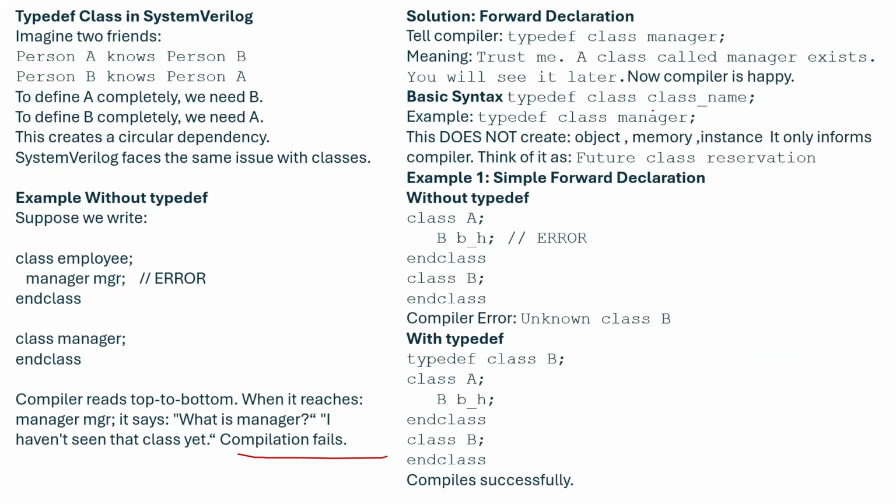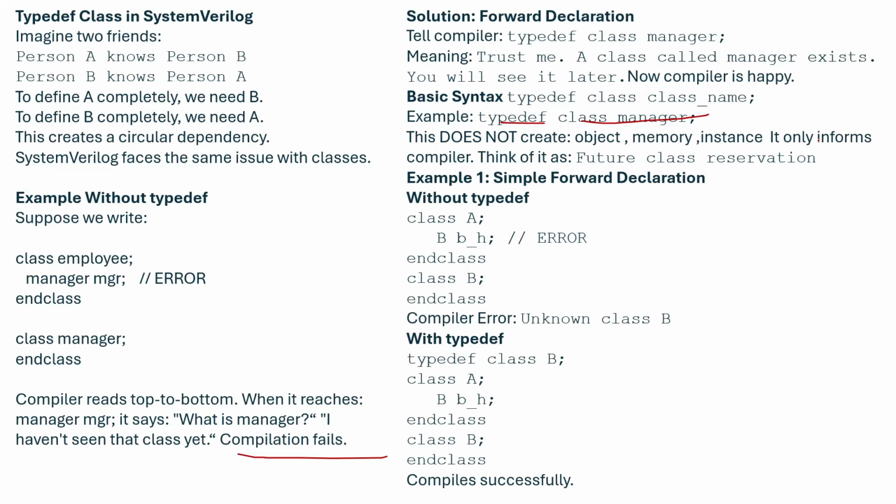So typedef class name, for example, typedef class manager. This does not create the object and memory instance. It informs the compiler only, because typedef can't create any class, handle, or object.